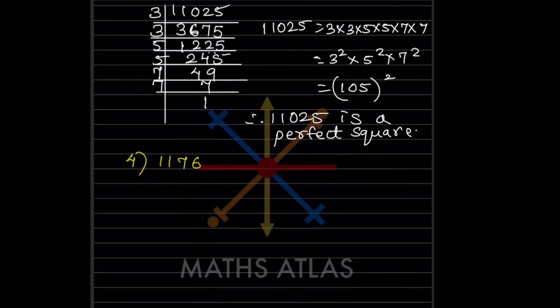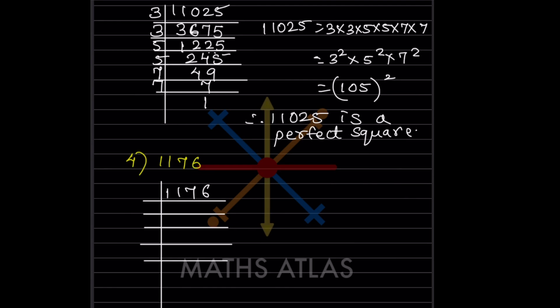Now let us see for the next one, 1176. So this goes with 2. So 5, 8, 8. So this is going to be 2 2s are, 2 9s are and 4. So now again this goes with 2.